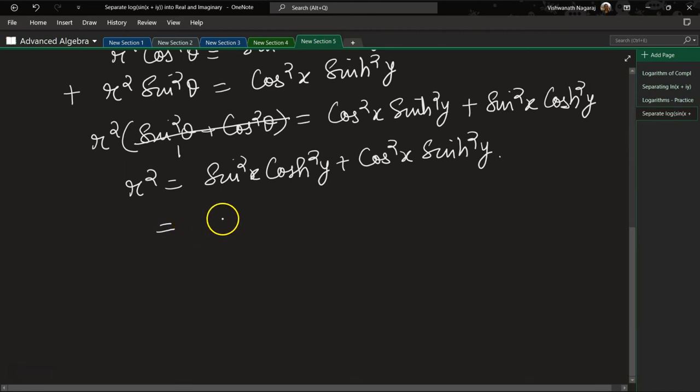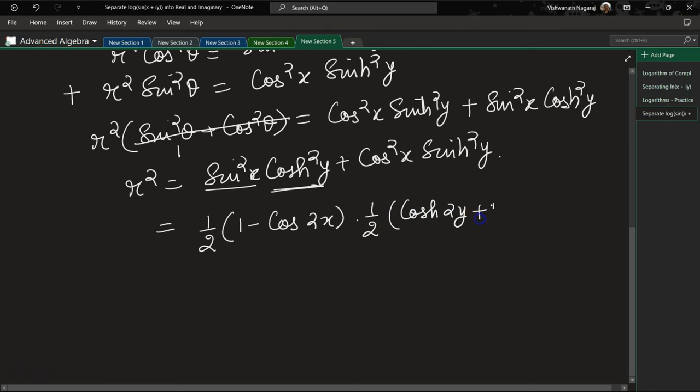We can write sin square x as 1 by 2 times 1 minus cos 2x. Now cosh square y can be written as 1 by 2 times cosh 2y plus 1.